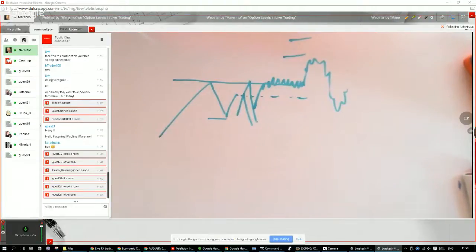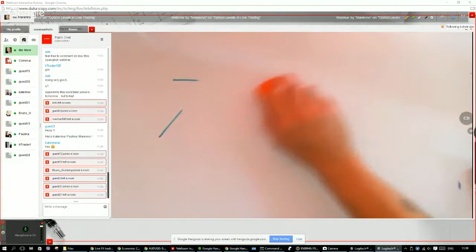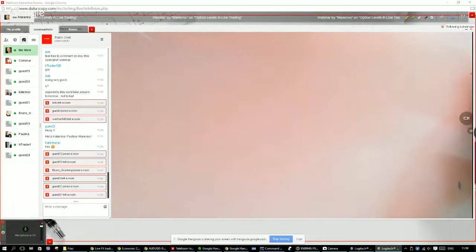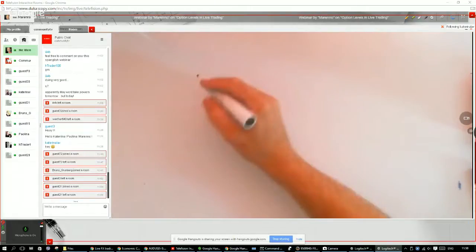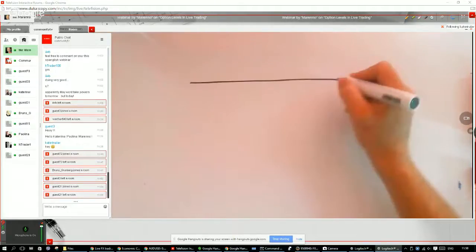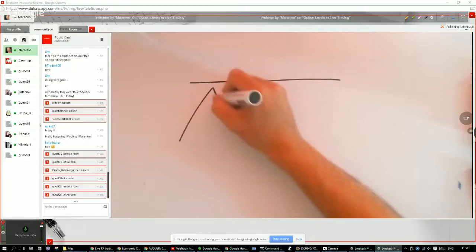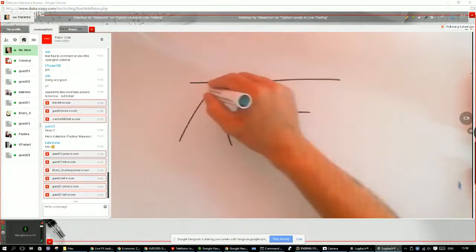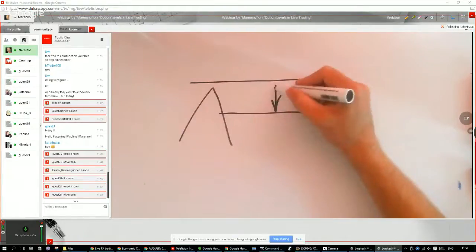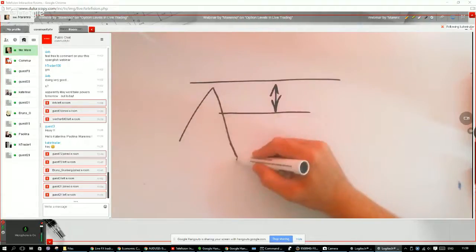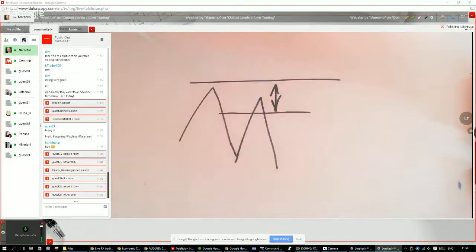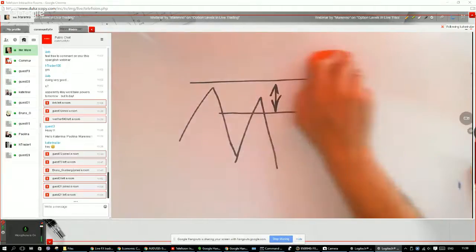What I do is wait for a V shape to show up somewhere in between my entry and this level here. So somewhere here, I'm expecting a V shape to appear. If there is no V shape, there is no reason to stay in the market, basically. So just kill your position.